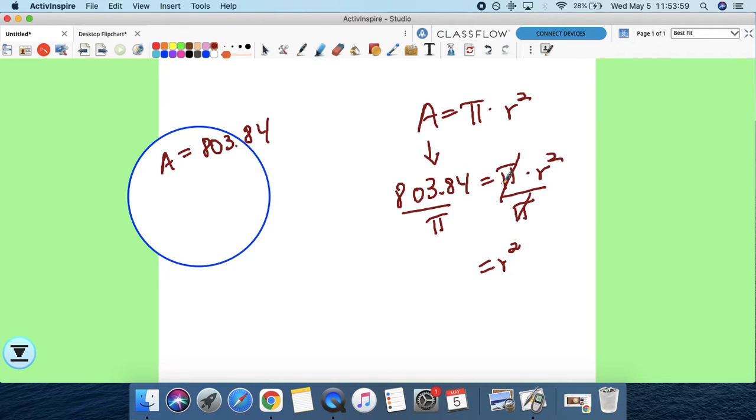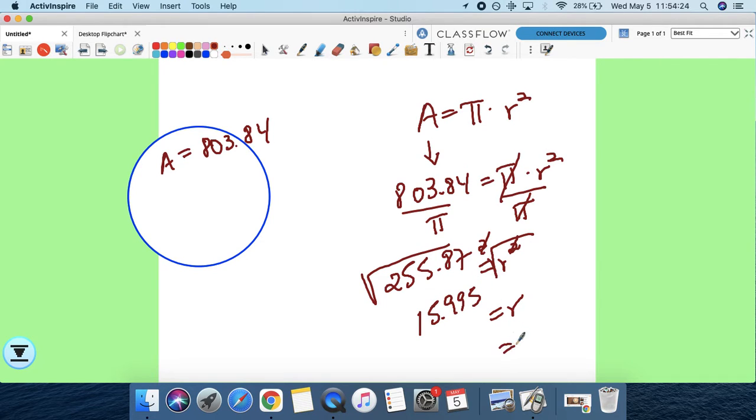So 803.84 divided by pi is 255.87. Take the square root. And r, the radius, square root of 255.87 is 15.995. Or we round to the nearest hundredth. Okay, so the radius equals 16.